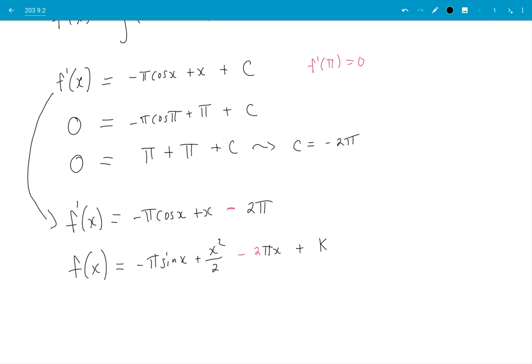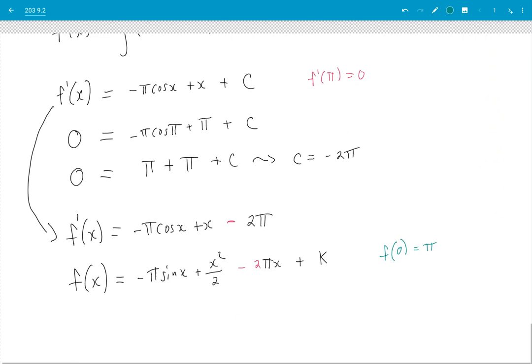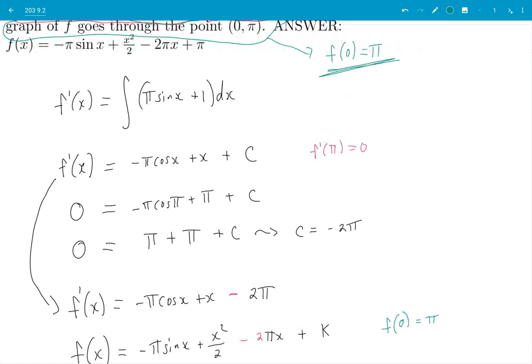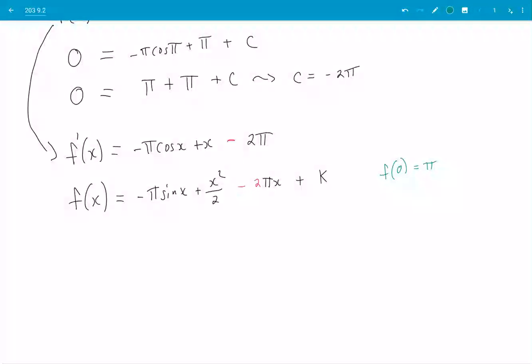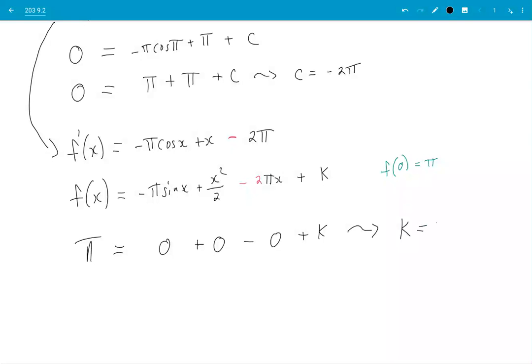Okay, where was I? Above I found that f of 0 is pi. So when x is 0, f is pi. So pi goes over here. Sine of 0 is 0 plus 0 minus 0 plus k. So this tells me that k is quite simply pi.